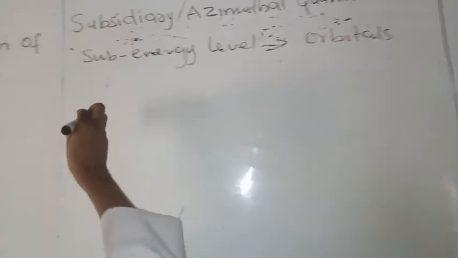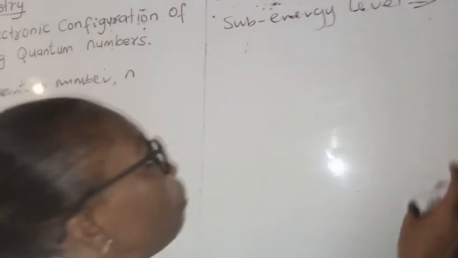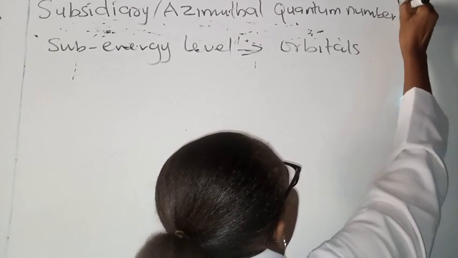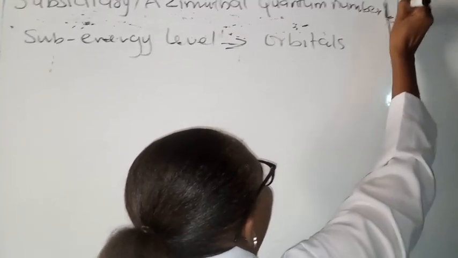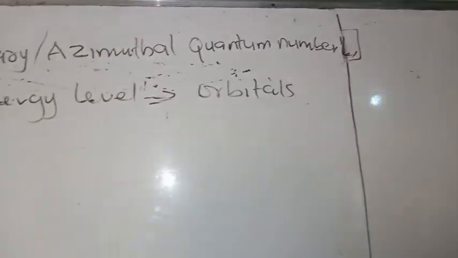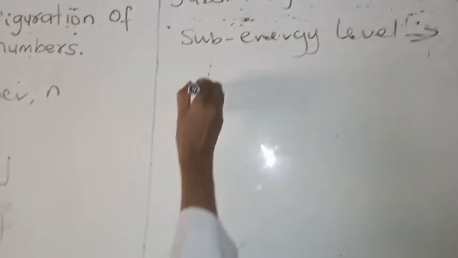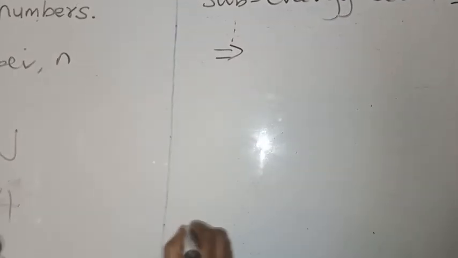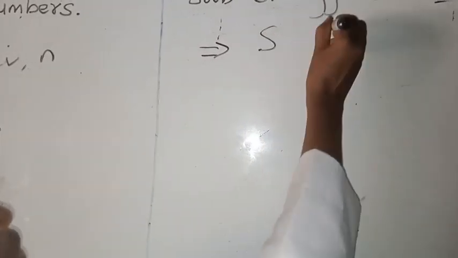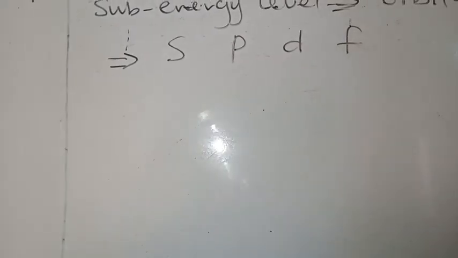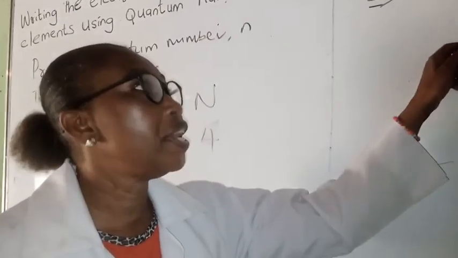This quantum number is denoted by the symbol l. It describes the orbitals which are given these symbols s, p, d, f. So we have 4 orbitals: s, p, d, f.